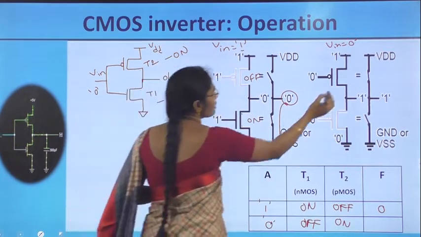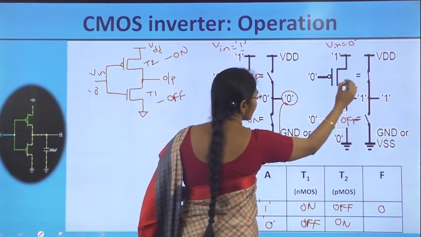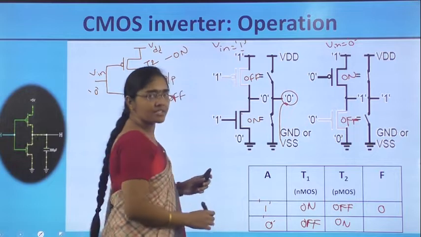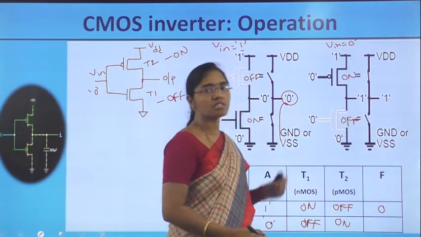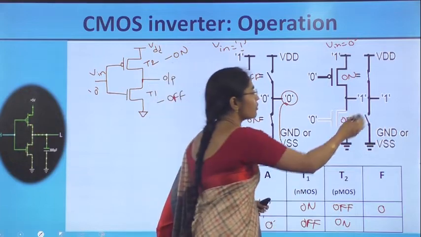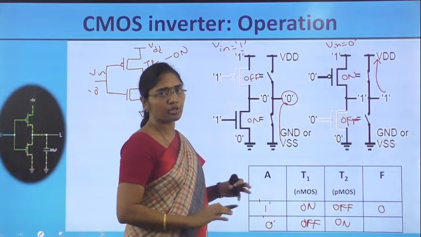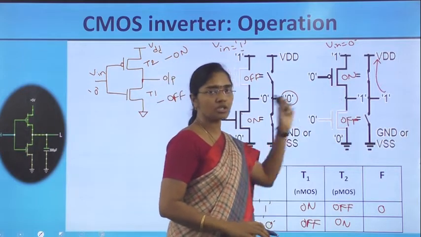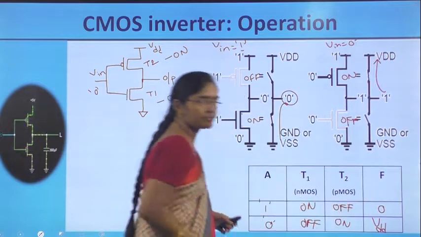Then equivalent circuit is represented here as the off transistor and on transistor. On transistor is represented as a short path and off transistor is represented as open path. Therefore, output is having a path to pull up, not to the pull down. So, the output reaches VDD. So, output is equal to VDD.